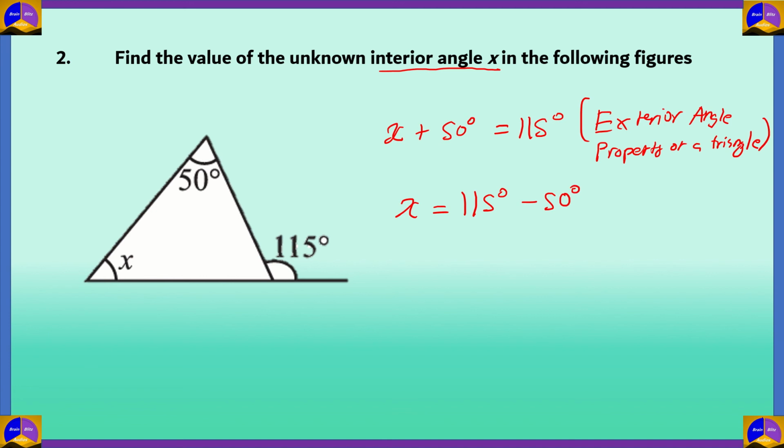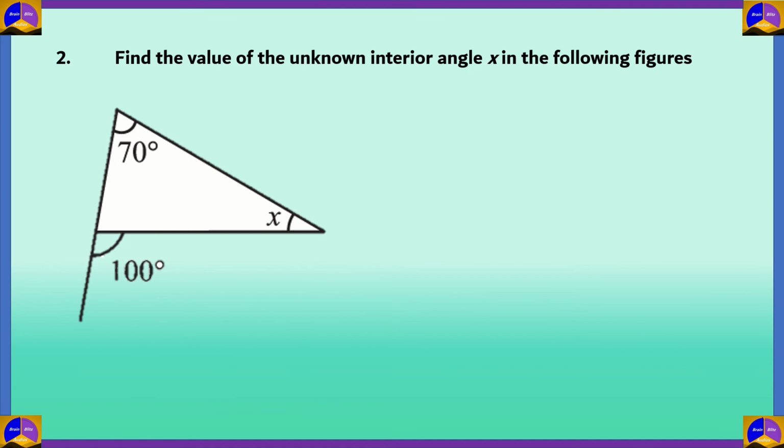So x would be equal to 115 minus 50, which is 65 degrees. So 65 plus 50, yeah, x is equal to 65 degrees in the following diagram. Interior angle x is 65 degrees in this diagram.